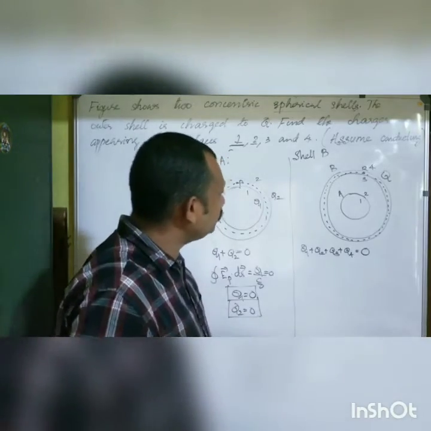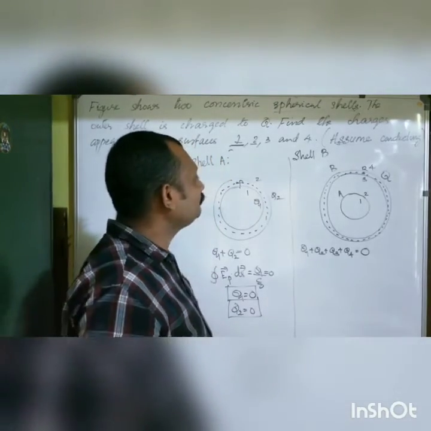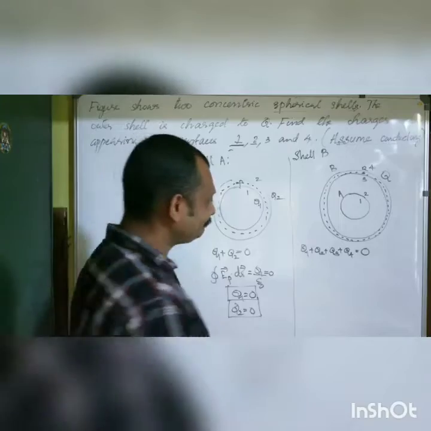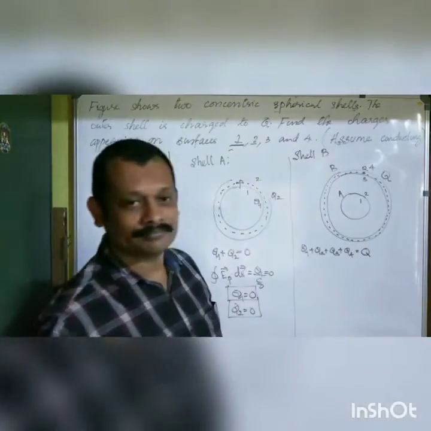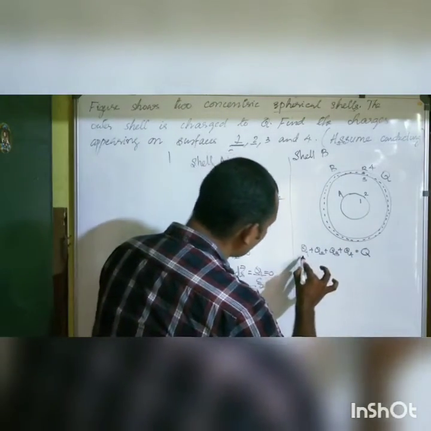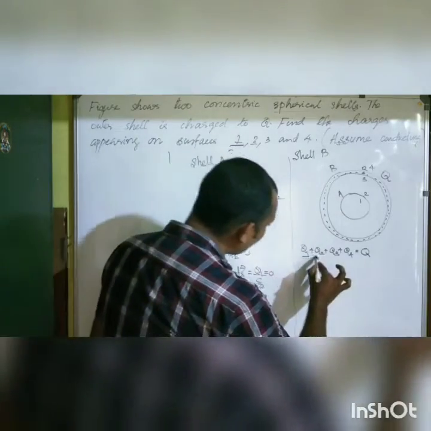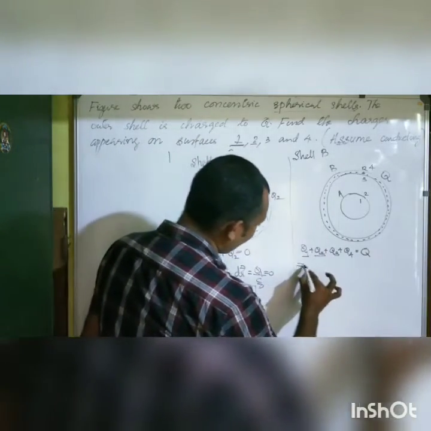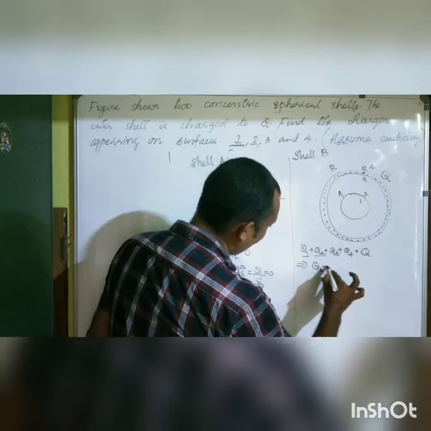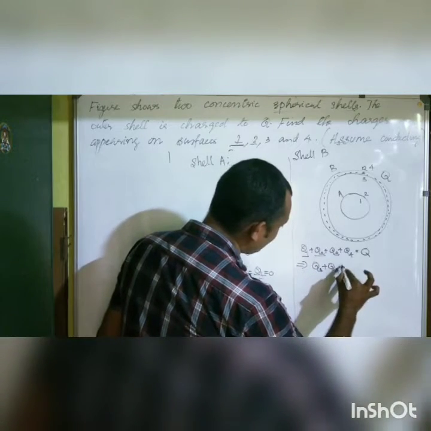If I say so, you will say, sir, you are wrong, because the system has got a charge Q. So this is Q. Already we got Q1 is equal to 0, Q2 is equal to 0, which means I can write Q3 plus Q4 is equal to Q.